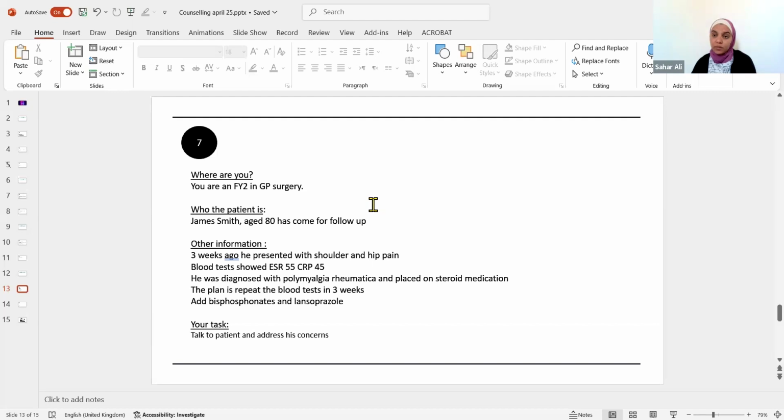Well, I didn't have anything, but I heard that corticosteroids have many side effects. Can you tell me what these side effects are? Well, to assess this more, can I ask you some questions regarding the early side effects of that medication, if that's okay? Okay.